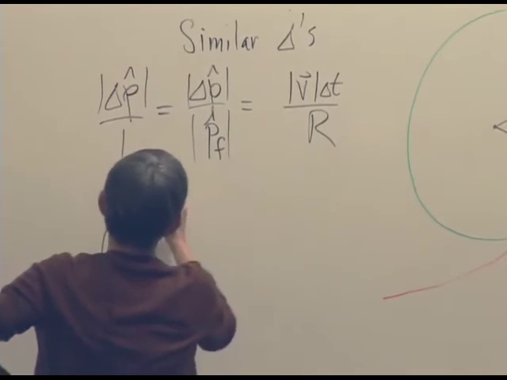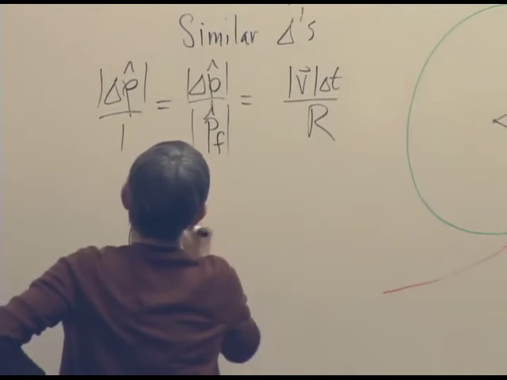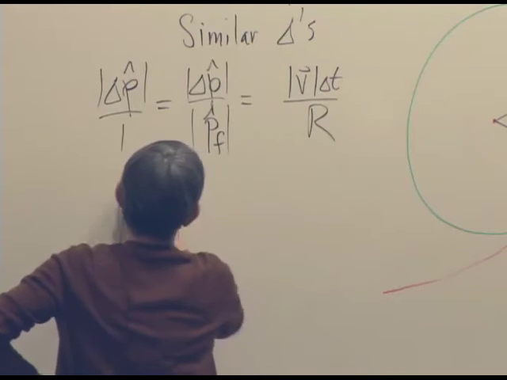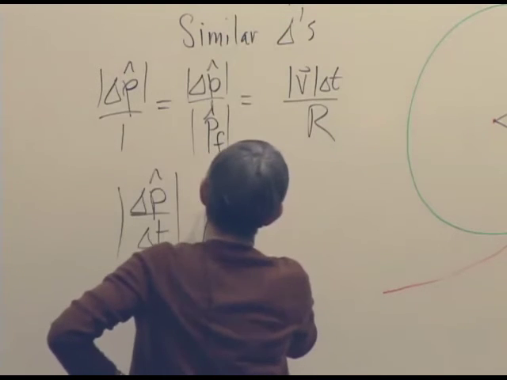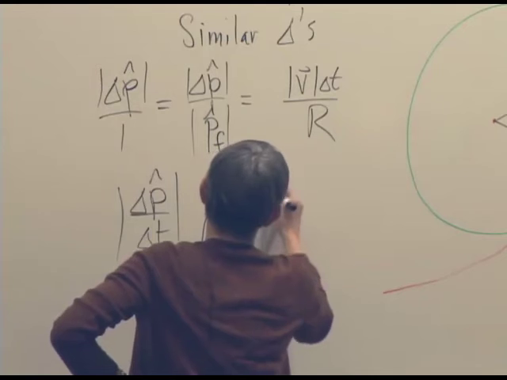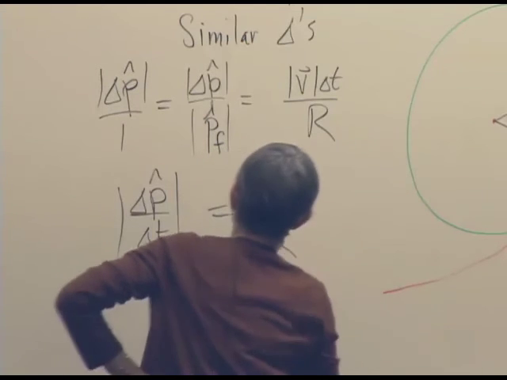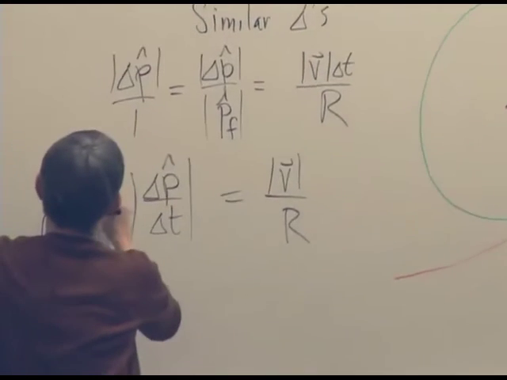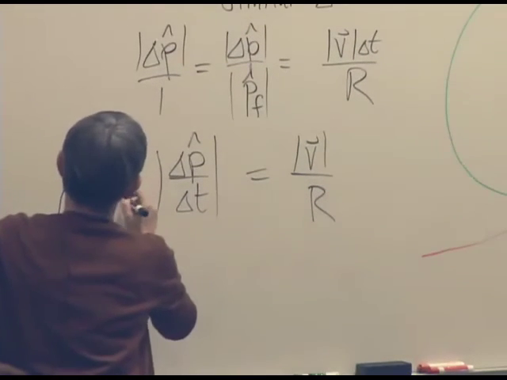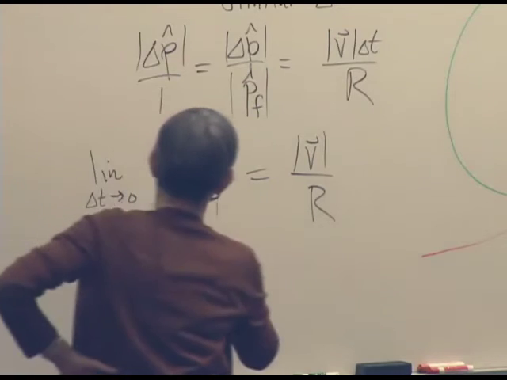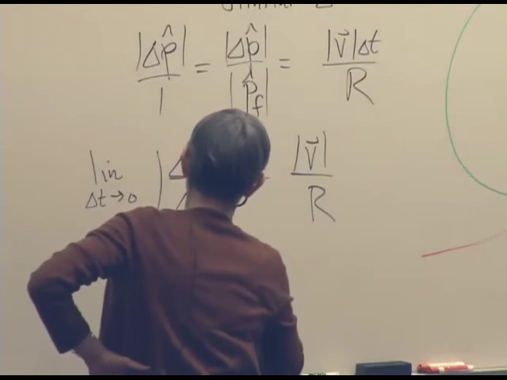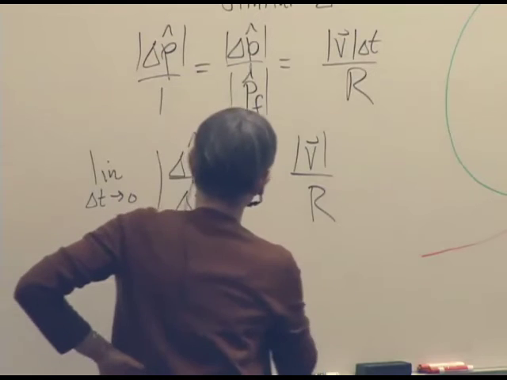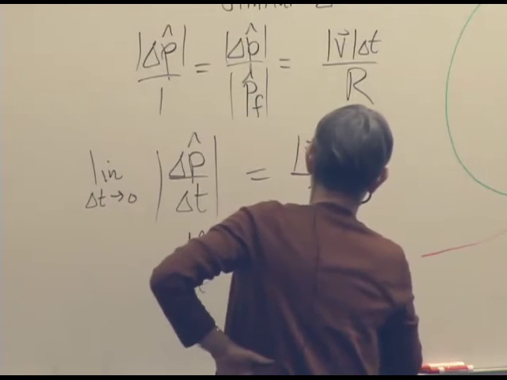Just rearranging slightly, we get delta p hat over delta t is equal to the speed over the radius of the kissing circle. We take a limit as delta t goes to 0, so the rate of change of direction here is equal to v over r.